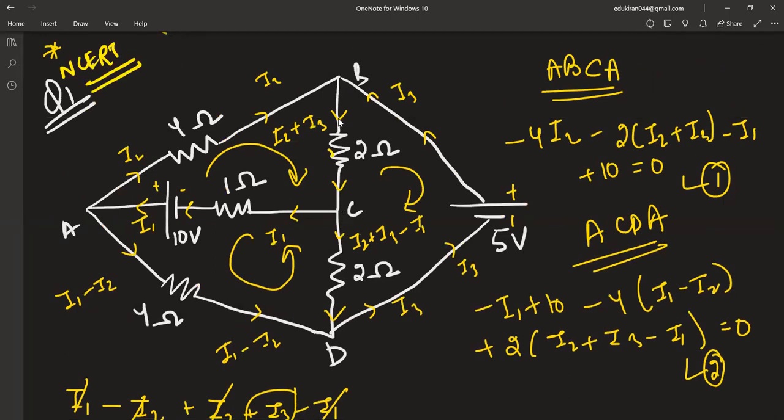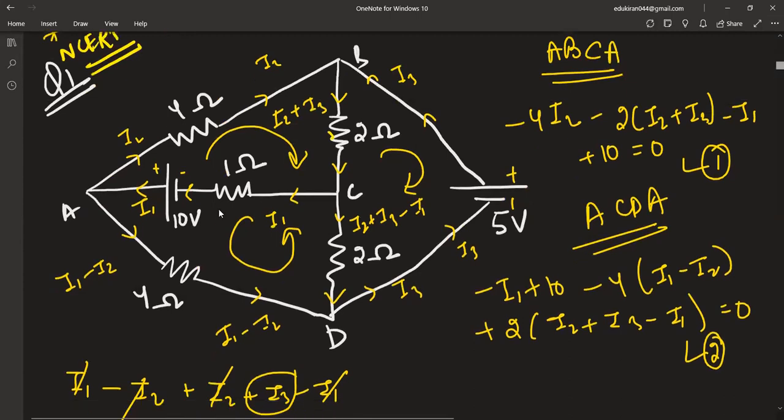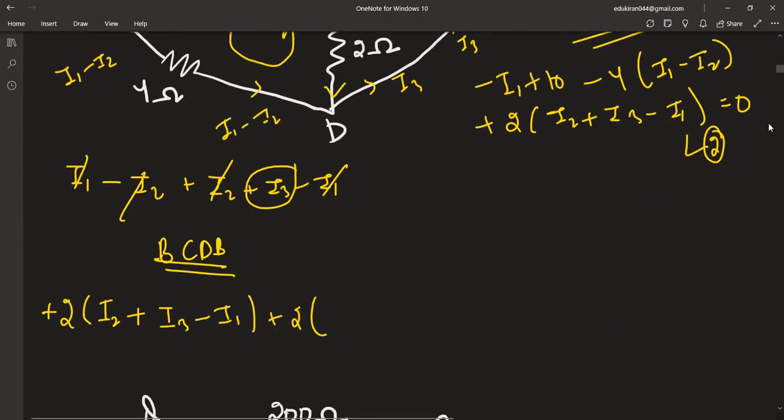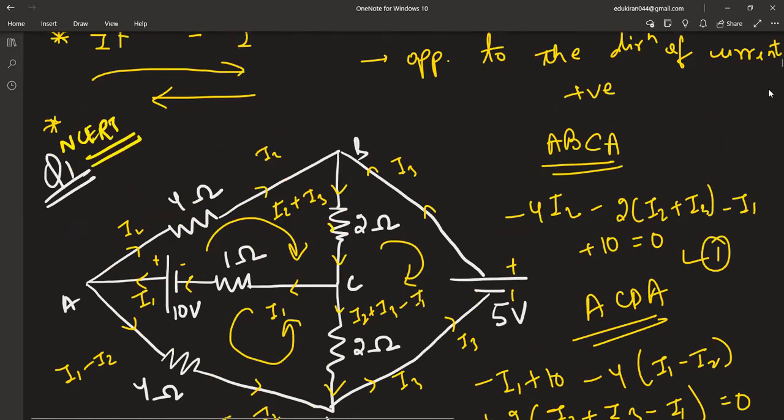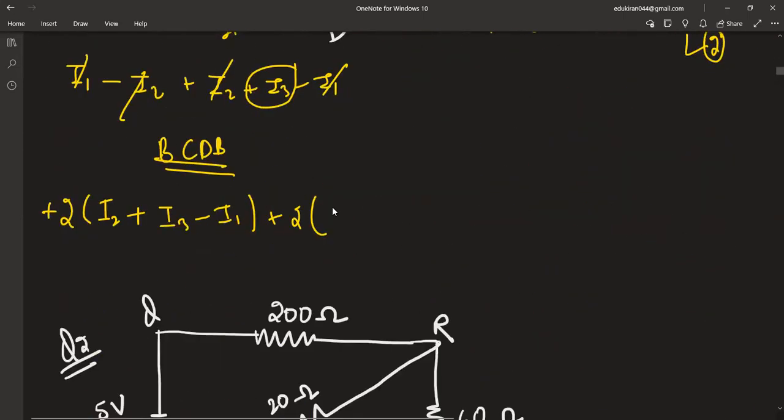Again, opposite to the direction of current. So this becomes positive. So 2 into, what is the current in this branch? This branch has I2 plus I3. So this will become I2 plus I3.